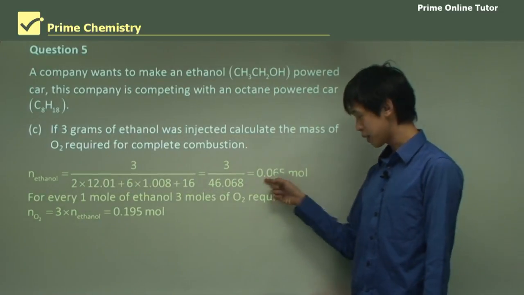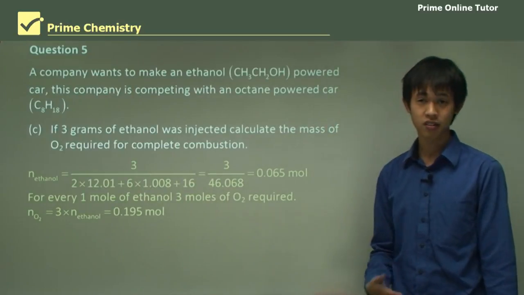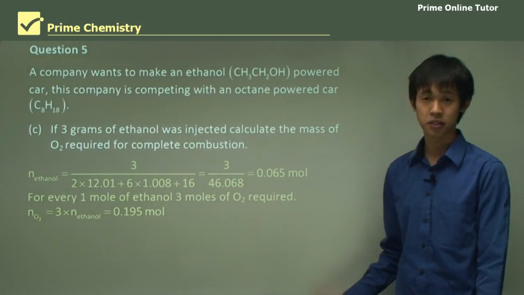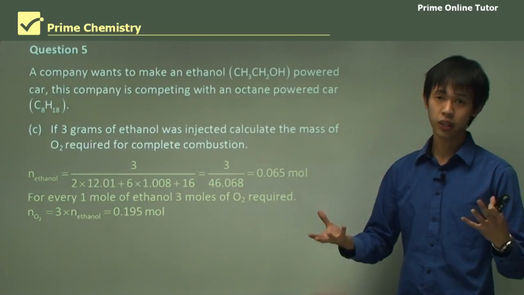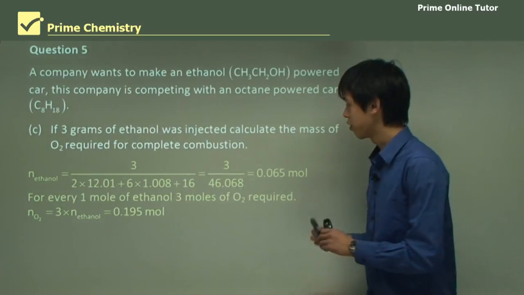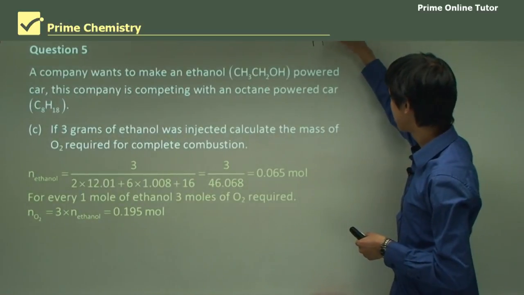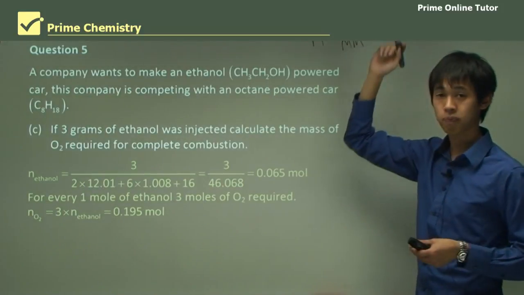If we multiply this by 3, we get 0.195 moles of oxygen. But now that we have the number of moles, what can we do with it? How do we turn that back to mass? We want to know this little m at the top.